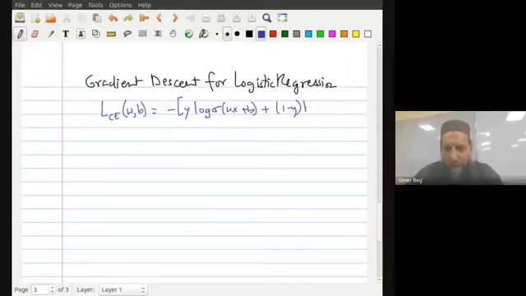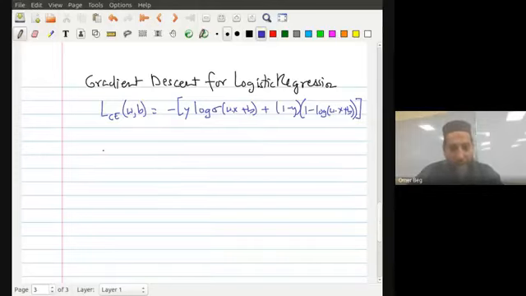So this is 1 minus log of wx plus b. Now this is correct. Okay?